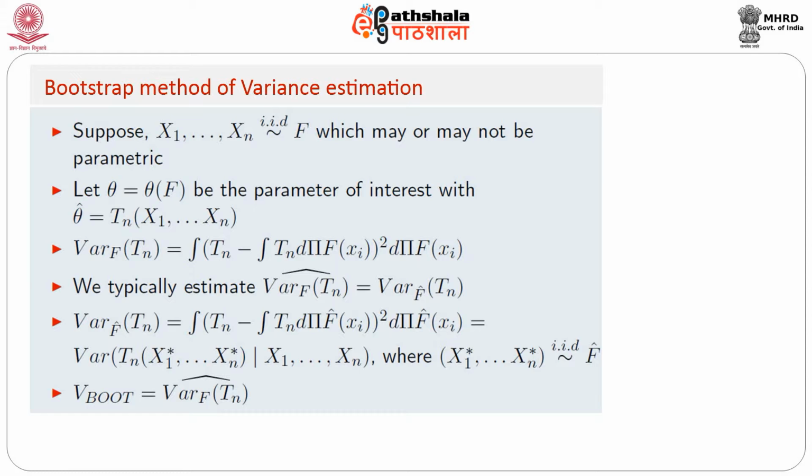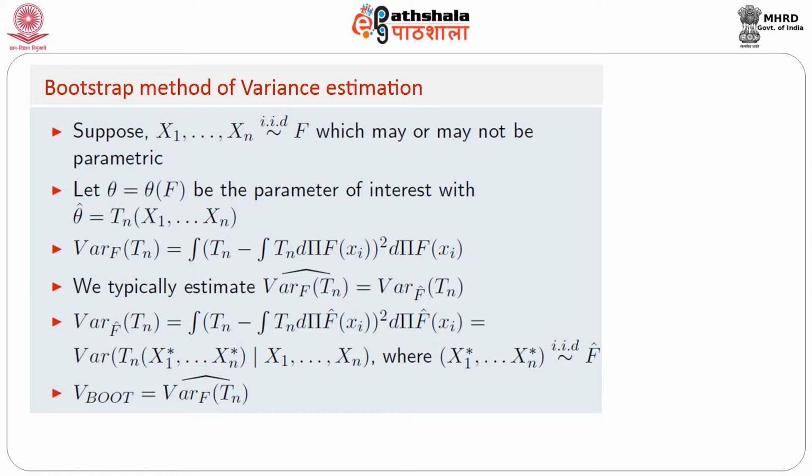Suppose we are interested in theta, which is theta of F, the parameter, and theta hat, which is Tn(x1, ..., xn), our statistic or estimator. Now, what is the variance of Tn? The variance of Tn is the integral of (Tn minus the integral of Tn dF)^2 with respect to the product measure of F. That is the simple variance formula.